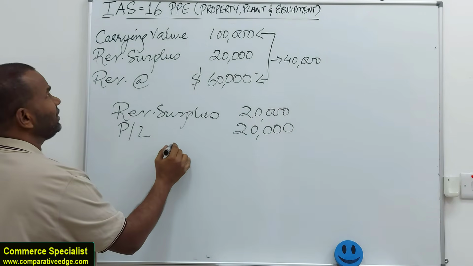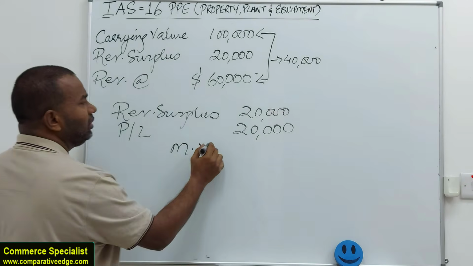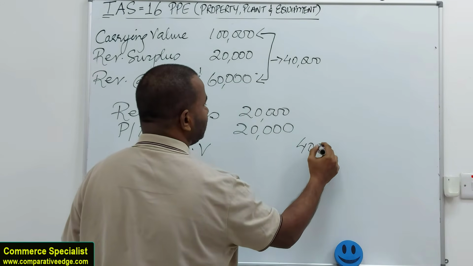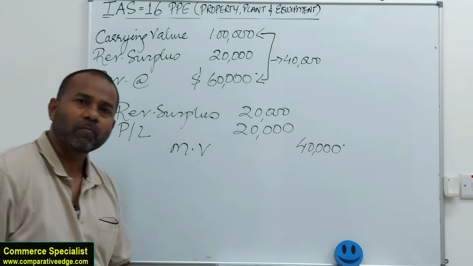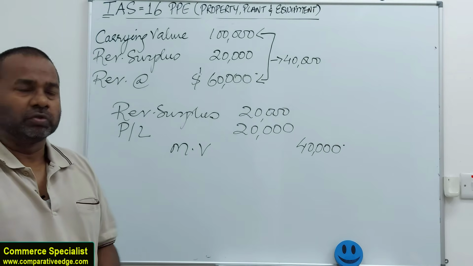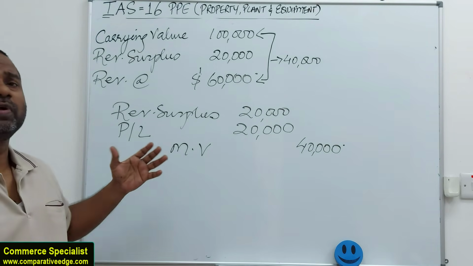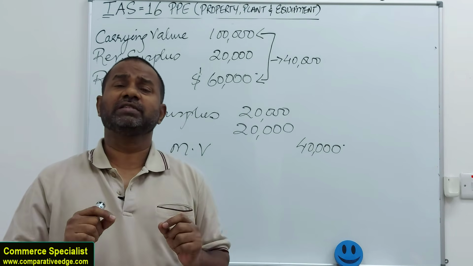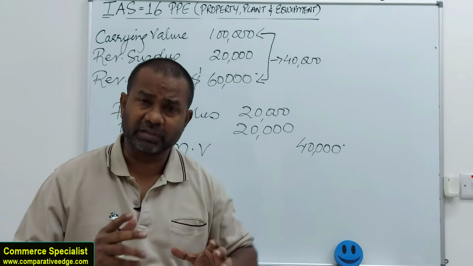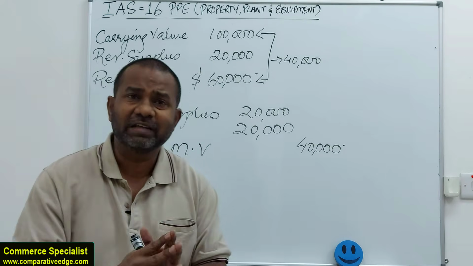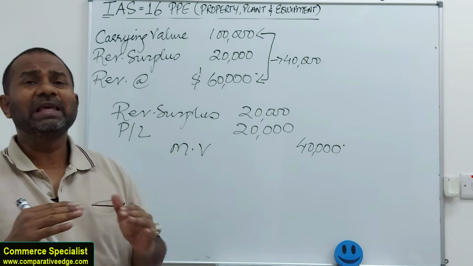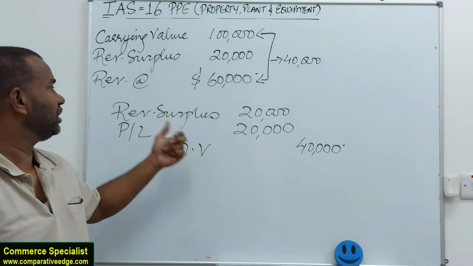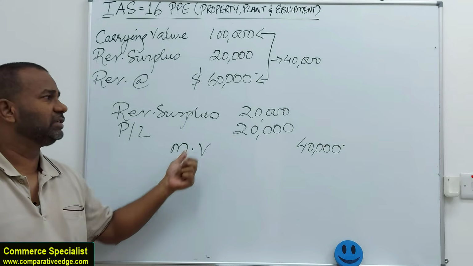And you credit the asset, which let's say is a motor vehicle, with 40,000. So this is how we record a downward revaluation. If there is a revaluation surplus balance on the same asset, first that is cancelled out. Any excessive downward revaluation is charged to profit and loss, and the asset is credited with the total.